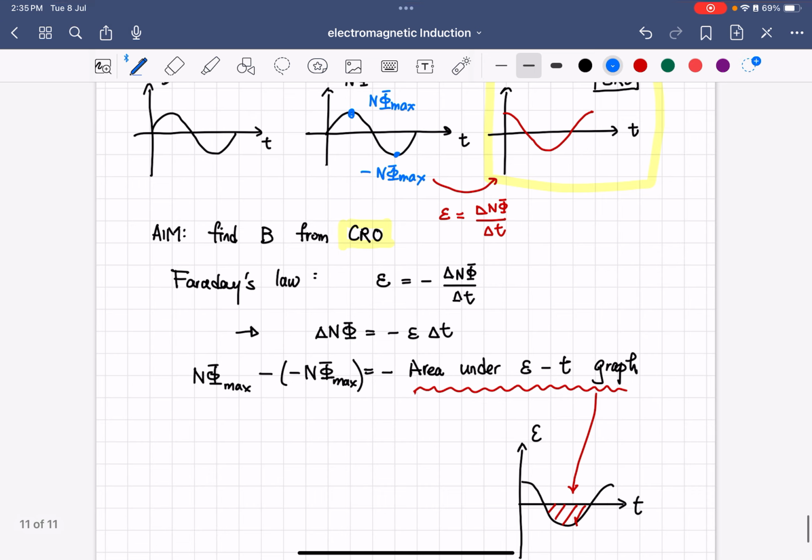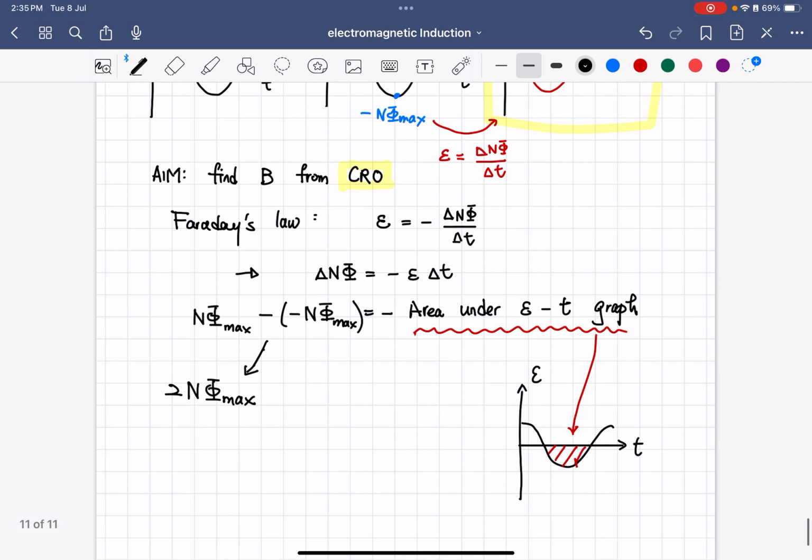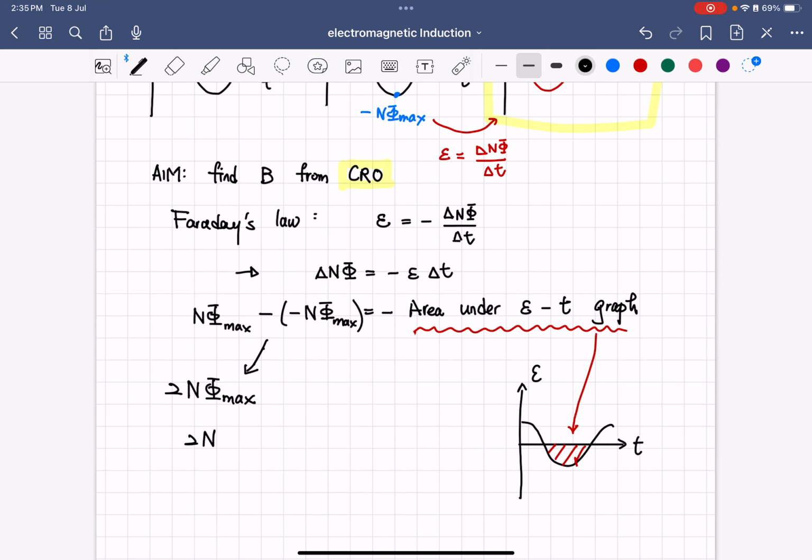So therefore the left hand side is just 2NΦ max. Well, 2NΦ max will be just 2N times the magnetic field we want to find, times A.